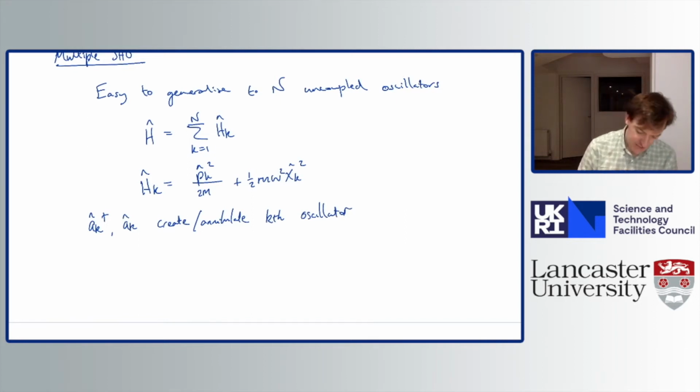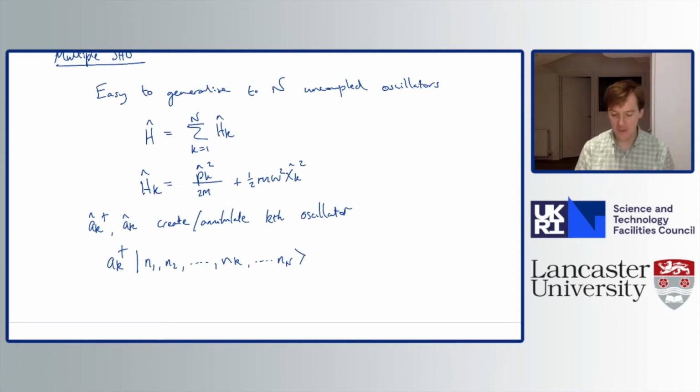Okay, so what this means in practice then, if I act on some state with my k raising operator, let's act on a state which I can label with the occupation number of each of the individual uncoupled oscillators. I'll go n1, n2, I'll have an nk, I guess I'll go all the way up to nn.